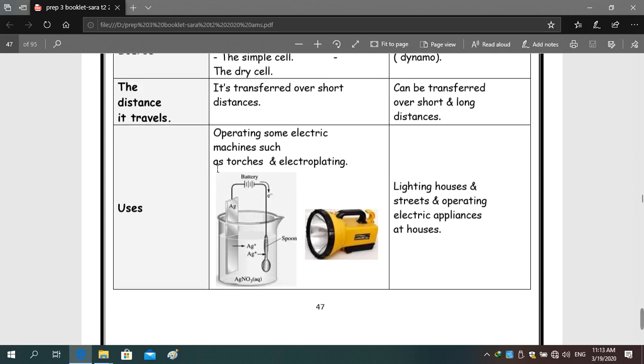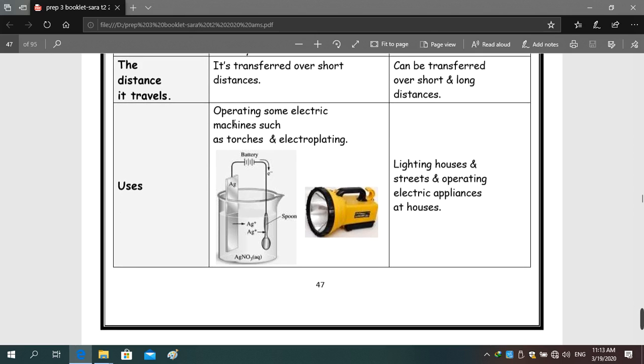The use of direct current is operating some electric machines such as torches and electroplating. In electroplating, like this figure, the silver plate is connected to the battery, and the other pole is connected to the metallic spoon or fork.